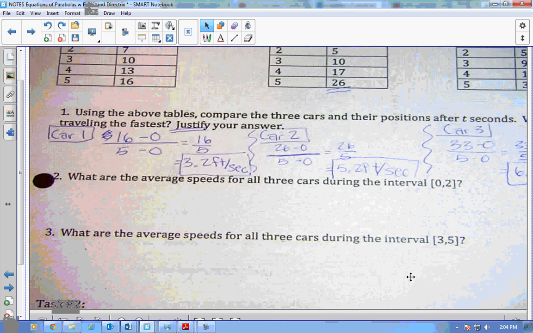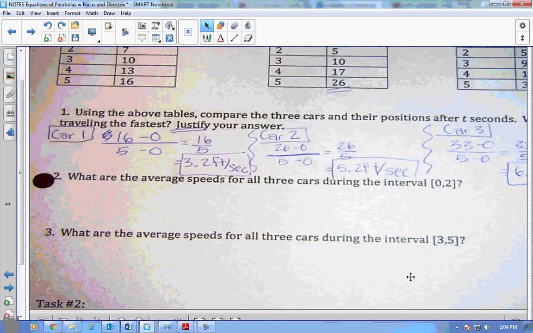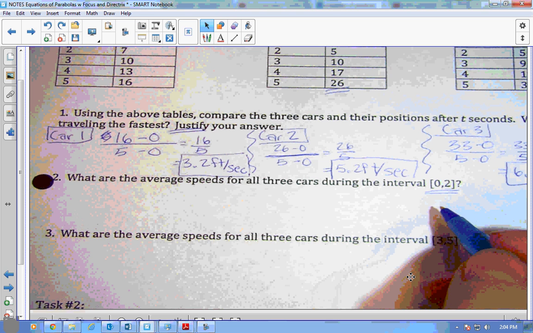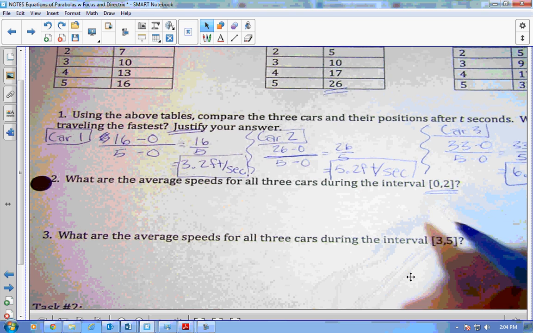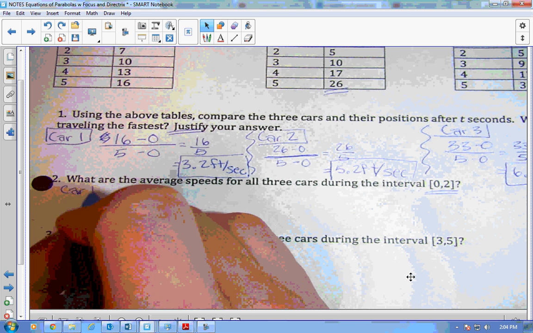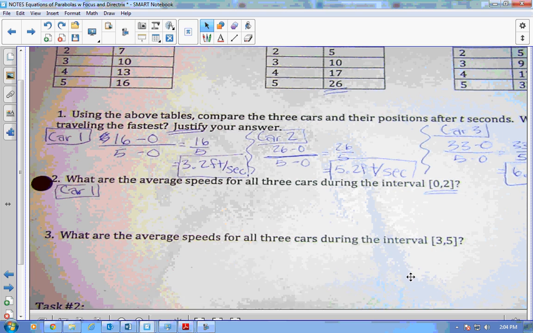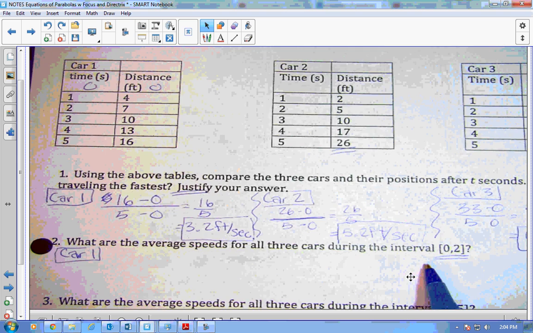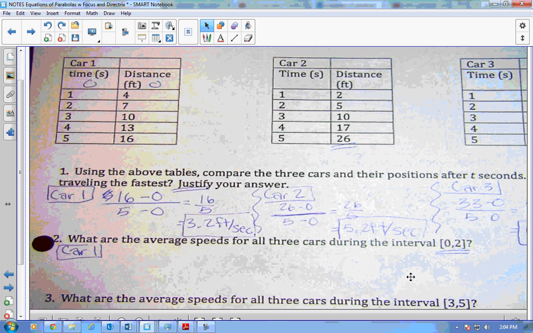Number 2, what are the average speeds for the interval 0 to 2? Okay, so let's set that one up. 3 cars. Car 1. Interval 0 to 2. How would I set that up to find, for car 1, its average speed for the first 2 seconds?